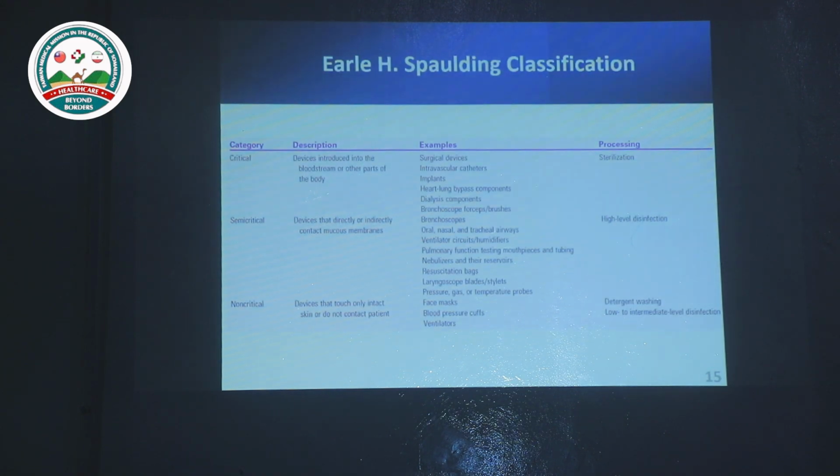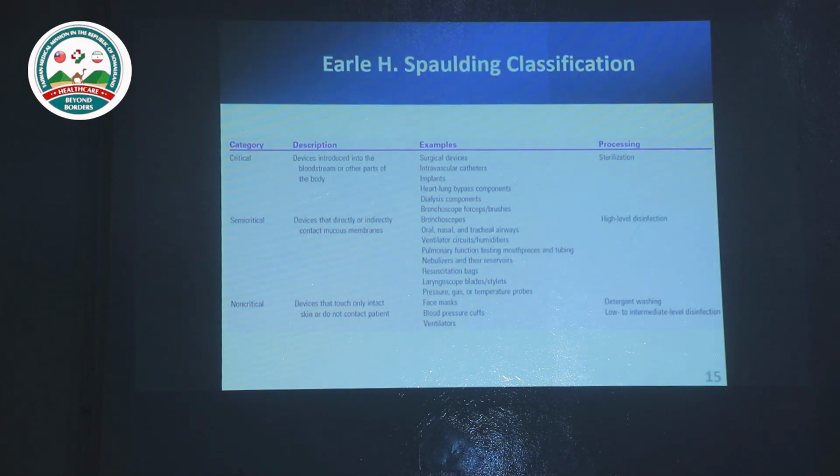This is a table from our respiratory care textbook, and they categorize different medical equipment into three parts: critical items, semi-critical items, and non-critical items. Critical items are equipment with a higher chance of touching the patient's blood, so you need sterilization.